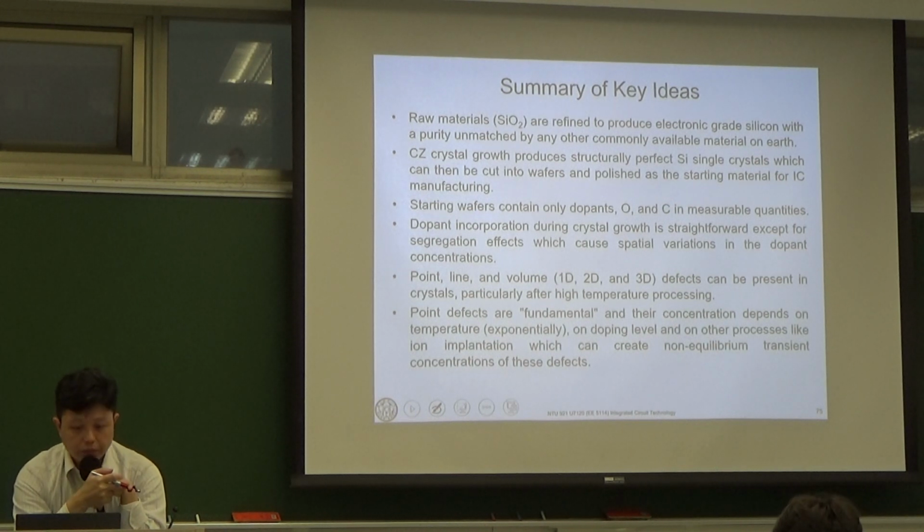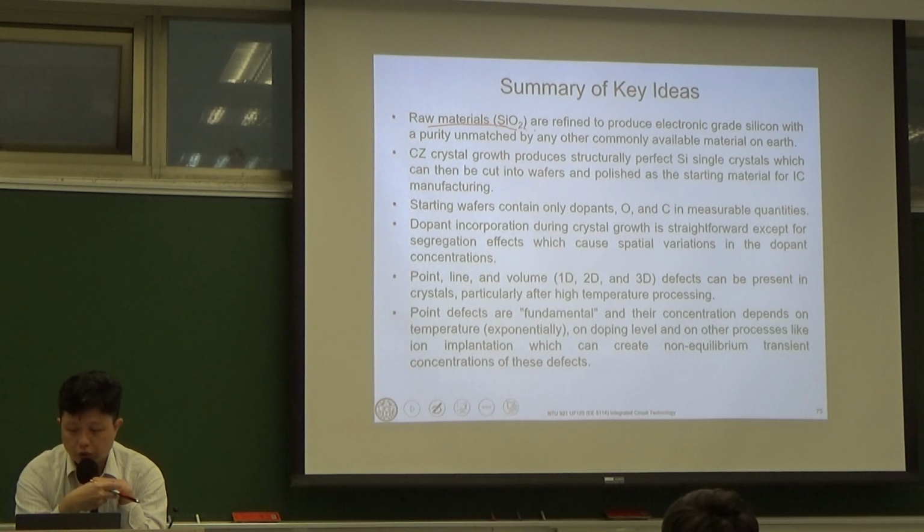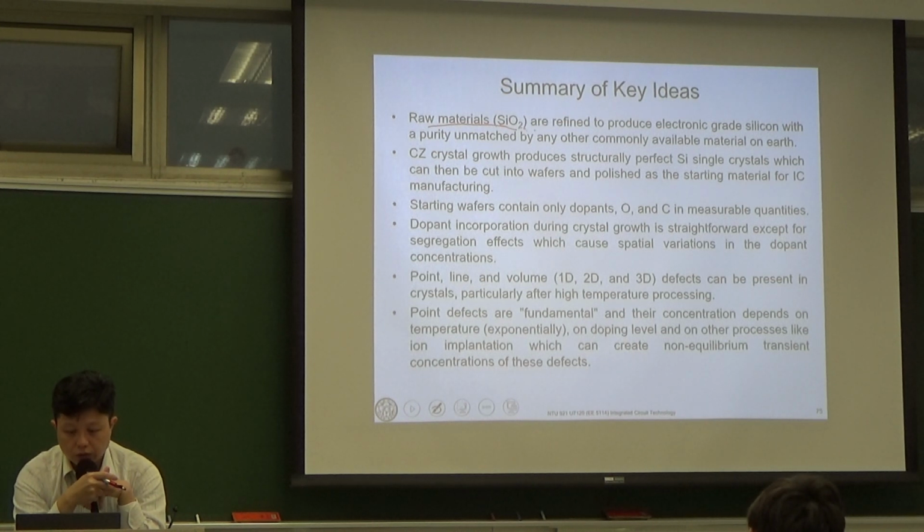Okay, and here are some key ideas that I'm trying to summarize in these chapters. And the first one is this SiO2, this raw material. We use SiO2 to refine it and produce some electronic grade silicon that can be used for our IC process. And we introduced the CZ crystal growth, and that will give you a single crystal silicon.